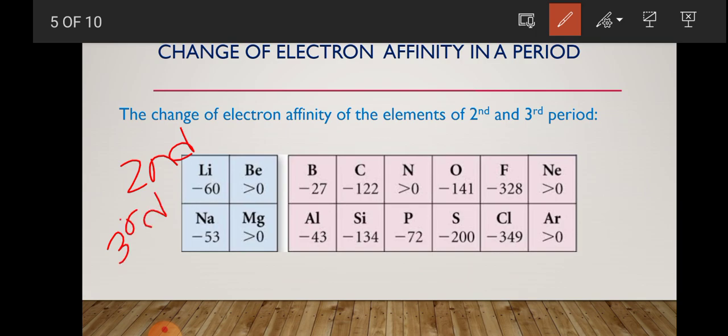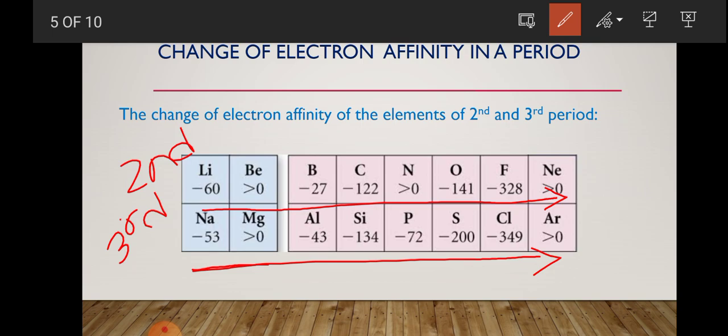If we go from left to right, we can see the electron affinity increase. For third period, we can also see the electron affinity increase if we go from left to right. Now, I will clear up the reason for it.